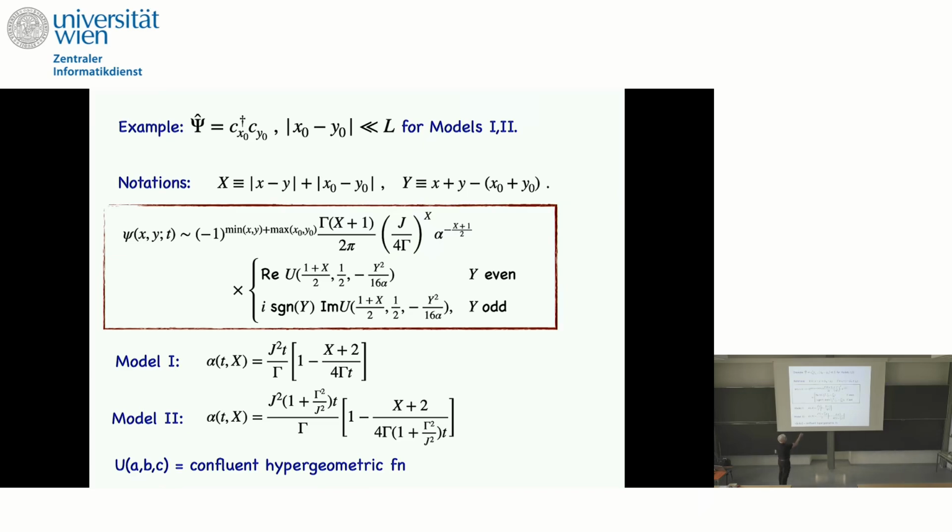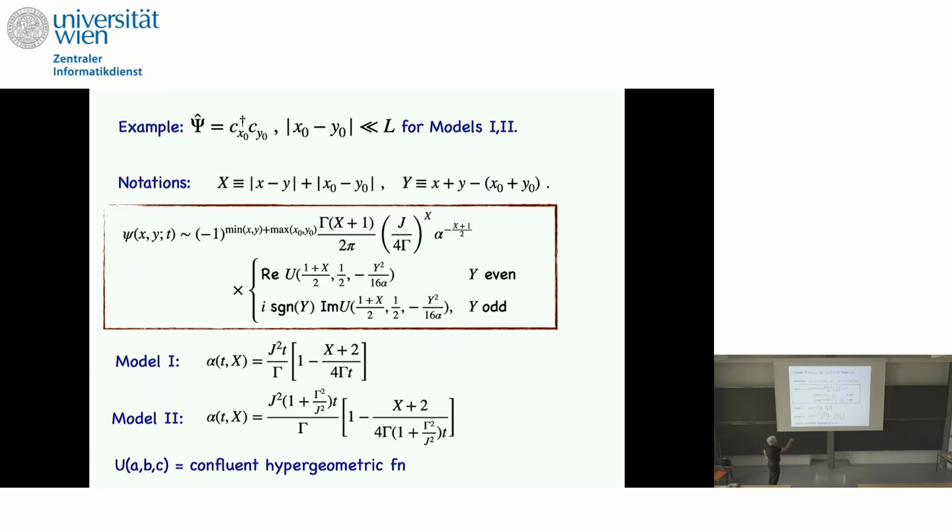And y is defined in this way. The upshot of this asymptotic analysis is the hydrodynamic projection at late times. It has this form. You can write it exactly in terms of some confluent hypergeometric function, so a fully explicit formula.